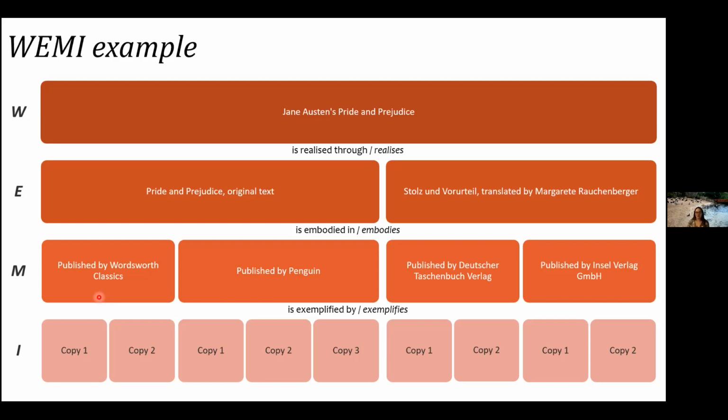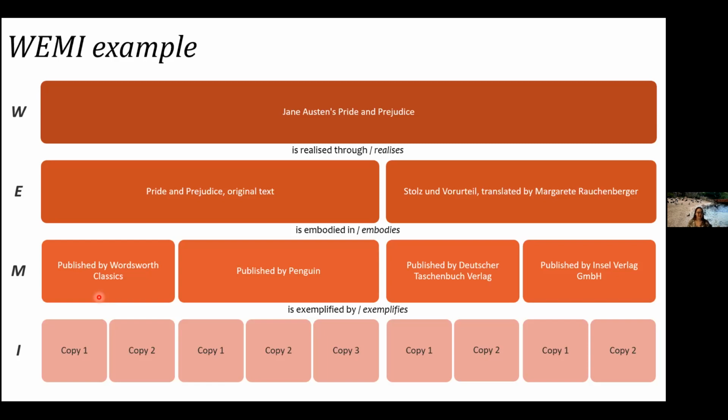Likewise, the two different German publications are two further manifestations embodying the German translation that's realising the work of Jane Austen's Pride and Prejudice. The more I say these words, the less meaning they appear to have, but I think that's just overuse.